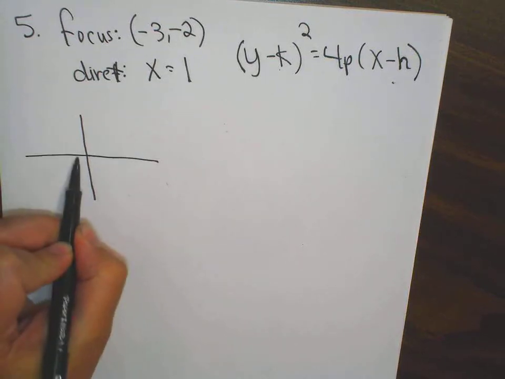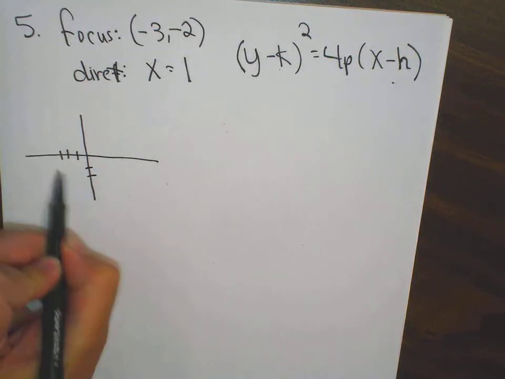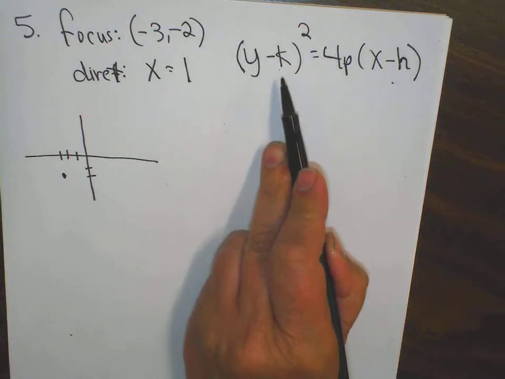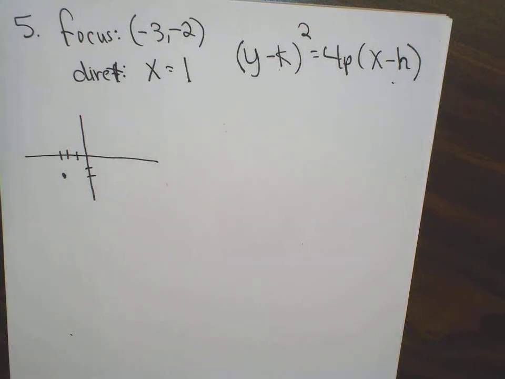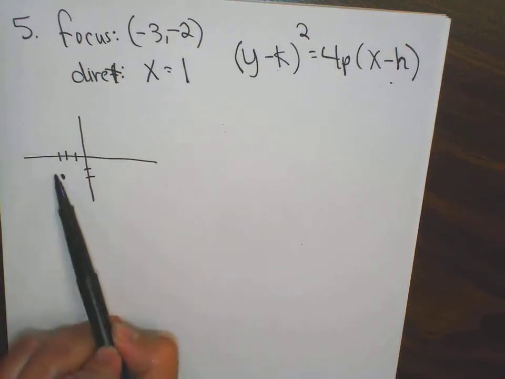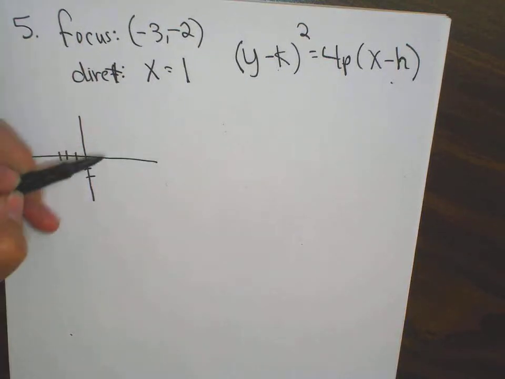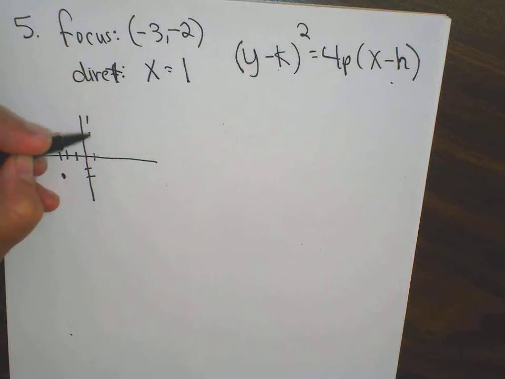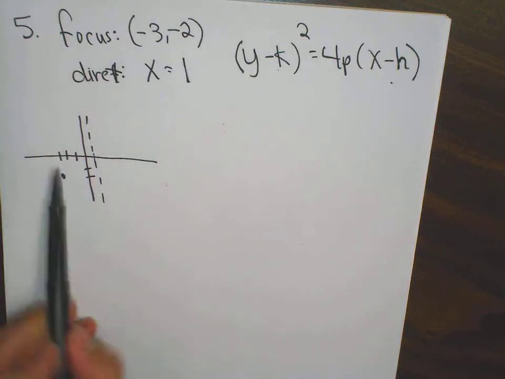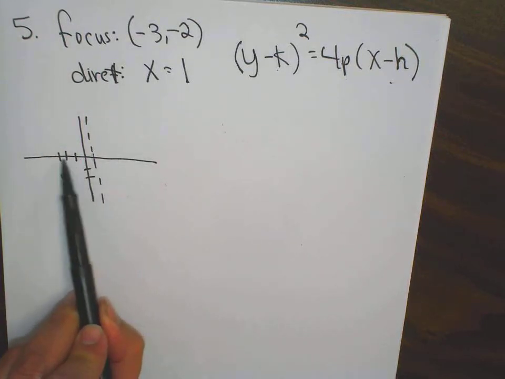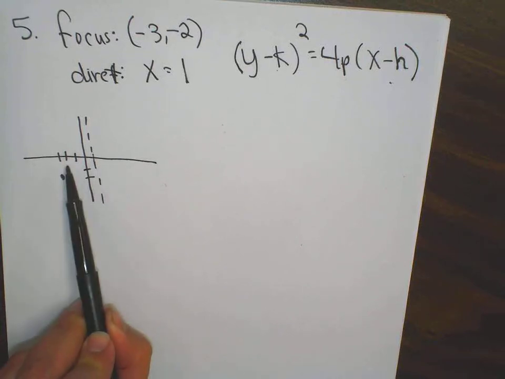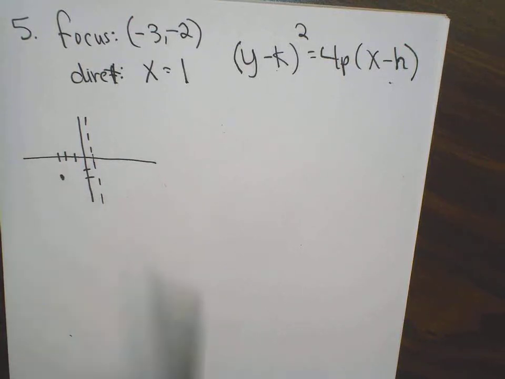So this is (-3, -2). It's y dominant, so that means it's either going to open to the left or the right. If this is my focus and my directrix is at x equals 1, can you see that this has a length of 4 spaces between the directrix and the focus?